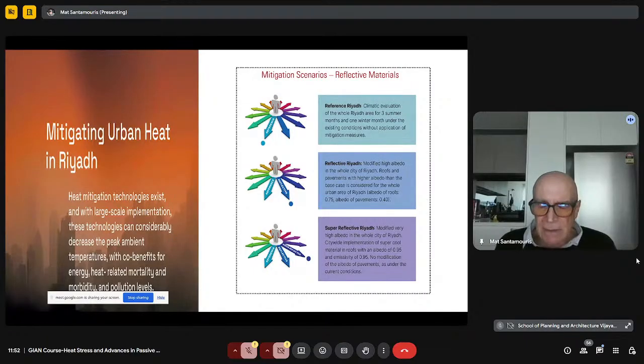First, these materials present a reflectance between 95 and 98%, a very high reflectance. Because of this very high reflectance, these materials can be used only on the roofs of buildings. They cannot be used on pavements because they would create important optical problems. But the major benefit of these materials is that they do not emit over the whole infrared spectrum. The reflective materials that we use in the first scenario emit infrared radiation, and this is a loss.